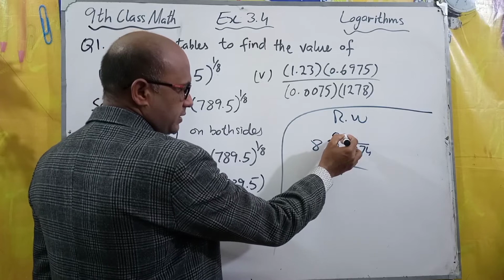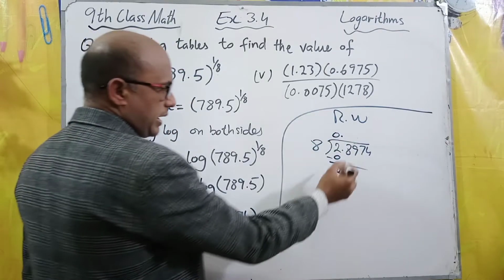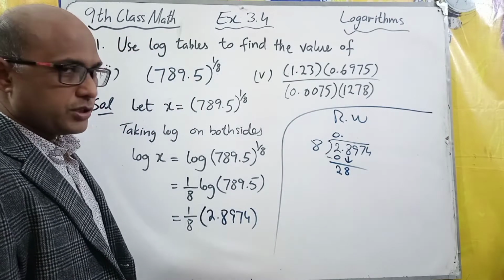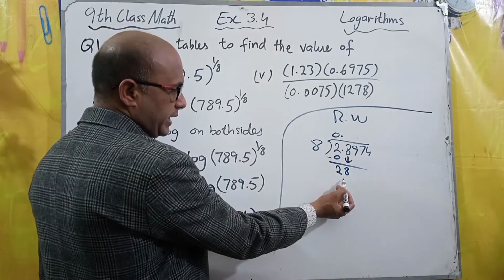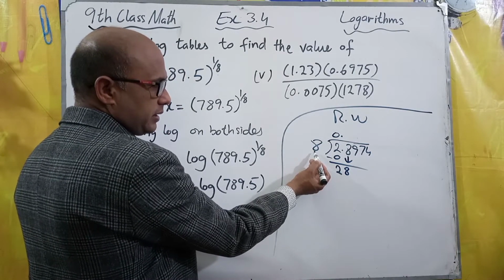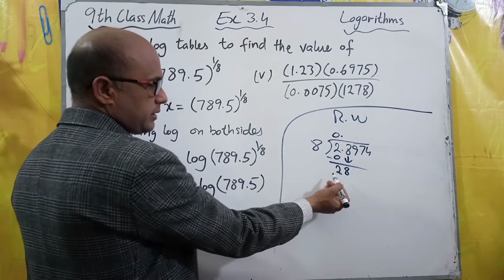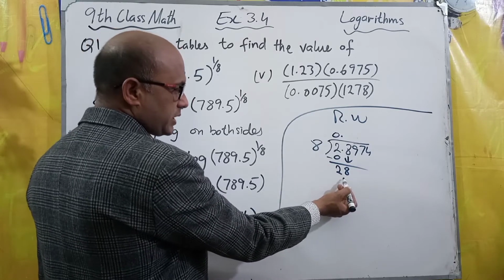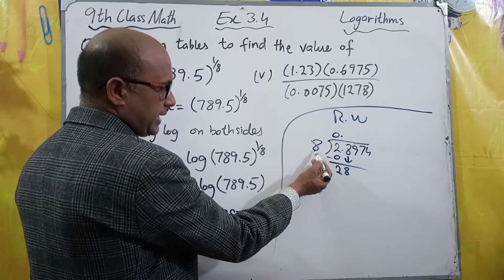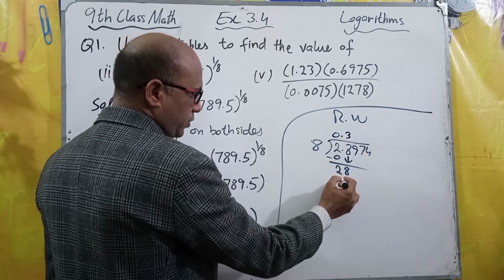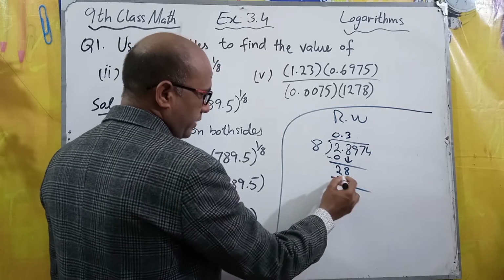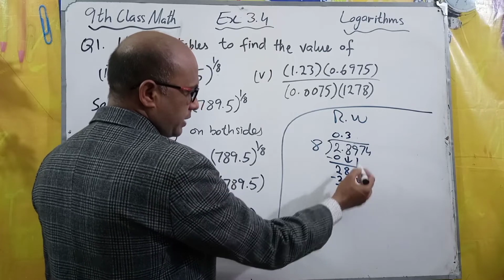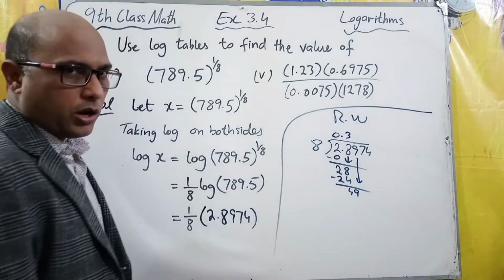Decimal will be shifted in the quotient, and next number 8 will be written with 2. Now it has become 28, but it is not exactly divisible by 8, so we'll write 8 3s are 24 here. When we subtract them, we'll get 4, and next number 9 will be written along with 4.